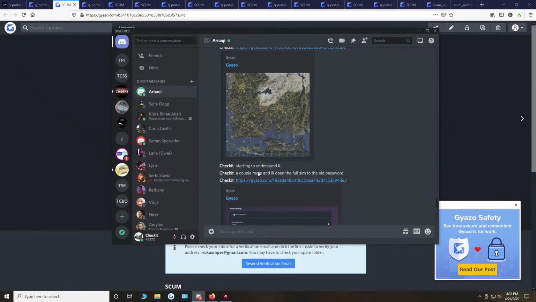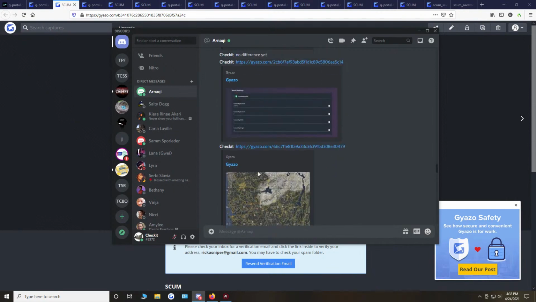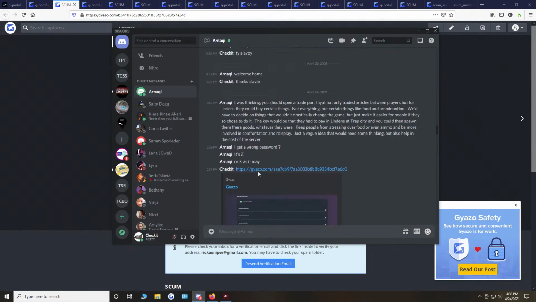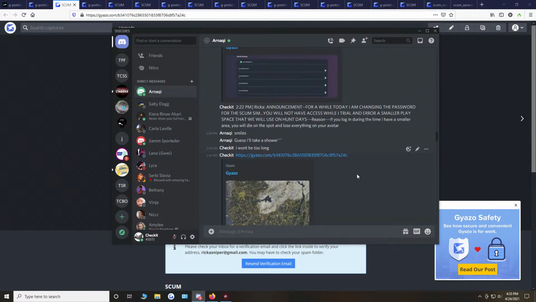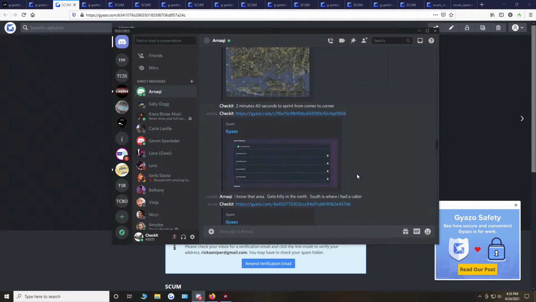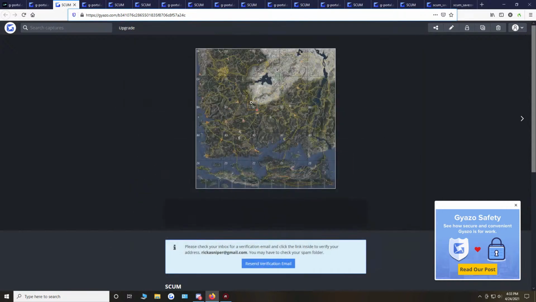Let's see here. It still takes a while to run across it. 2 minutes and 40 seconds to run across that little orange square, from corner to corner. Okay, that's how we judge distance with time.